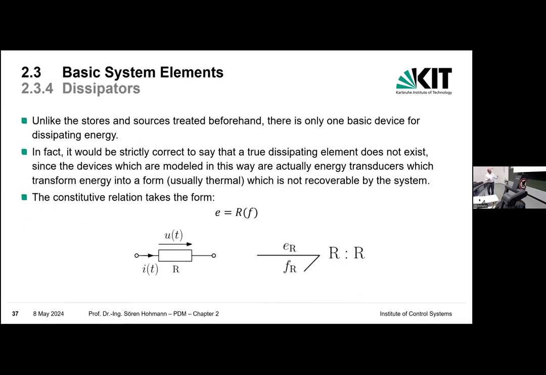Well, a similar thing applies for the dissipative elements. We have the resistor in electrical engineering, and the general notation is similar. We use the electrical engineering formalism to depict resistors. And on the right-hand side, you see the bond graph notation. At that point, it seems a little bit strange because you write down R, double dots, R, which means the second R represents the true value.